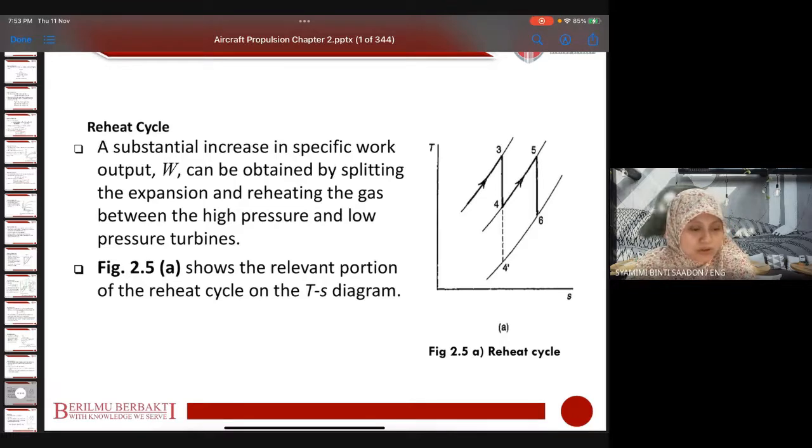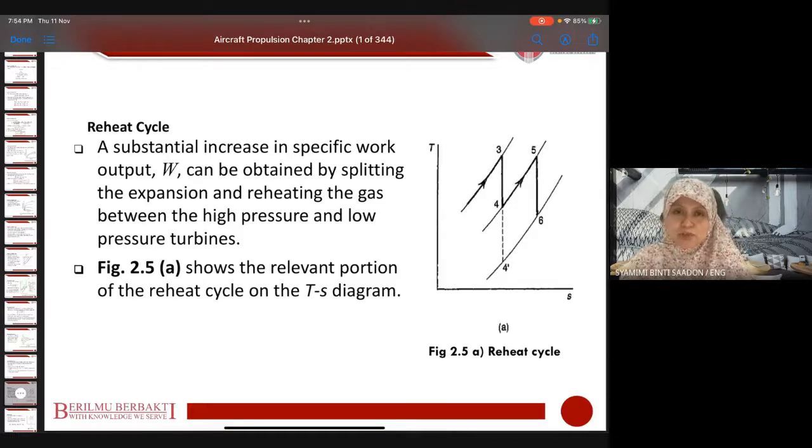So how this reheat process is done is by splitting the expansion and reheating the gas between the high pressure and low pressure turbines. So instead of having only one stage of expansion turbine, we have maybe two.